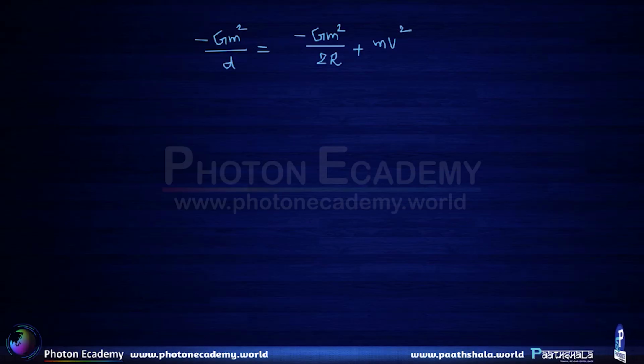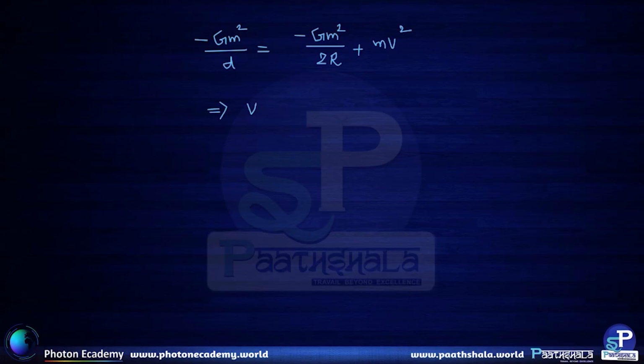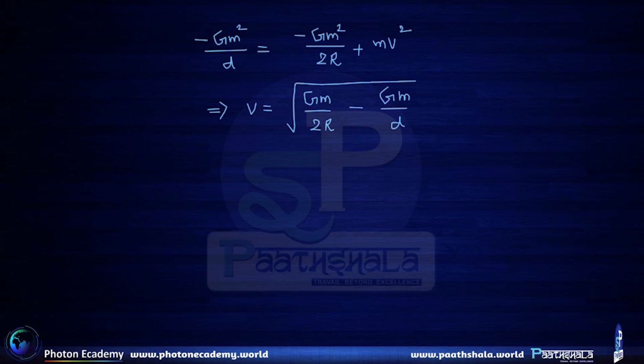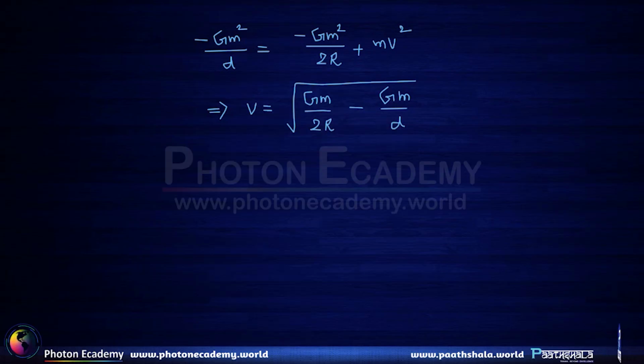From this we get the value of v to be equal to the square root of GM by 2r minus GM by d. All the values G, M, r and d are known to us, so let's substitute the values.